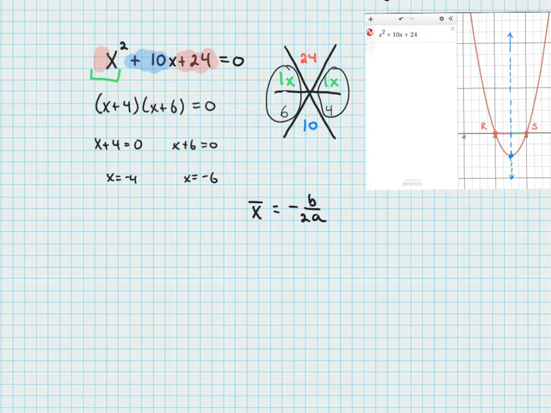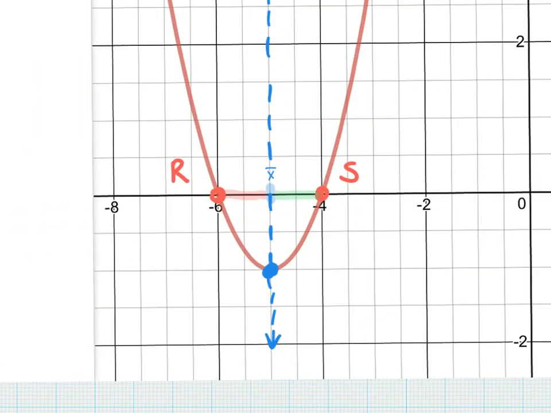So let's plug that in and see what we get. x bar is equal to negative 10 over 2 times 1. And when we clean that up, we end up getting negative 5. It makes perfect sense because we had negative 5 right here. It's the midpoint right there.